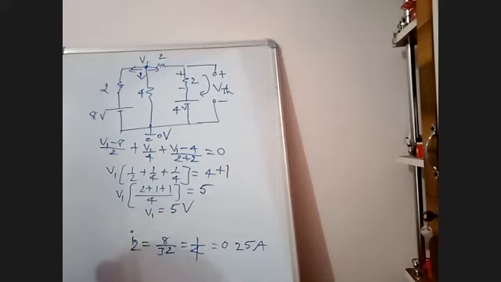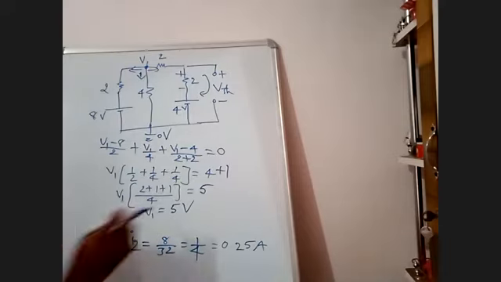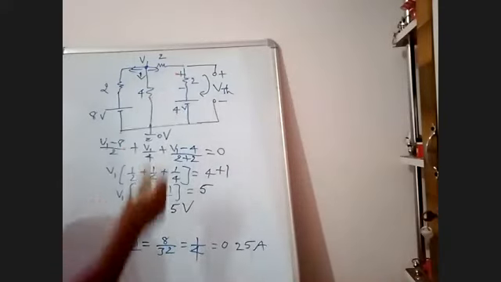V1 is 5 volts. Are you getting 5 volts? Yes, sir. Okay, V1 is 5 volts. Now I don't want V1. I want the current in this 2 ohms.